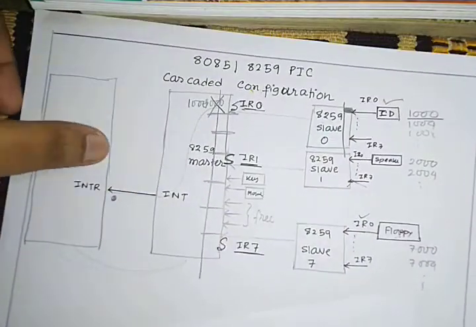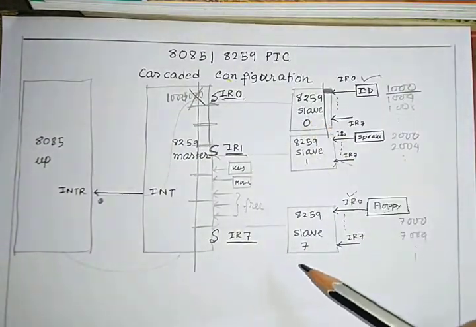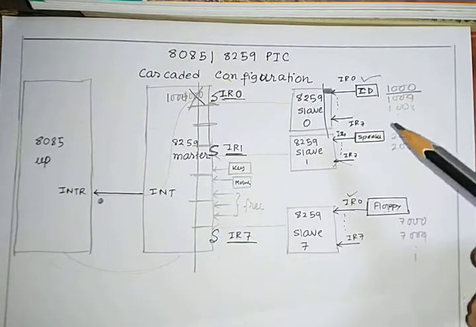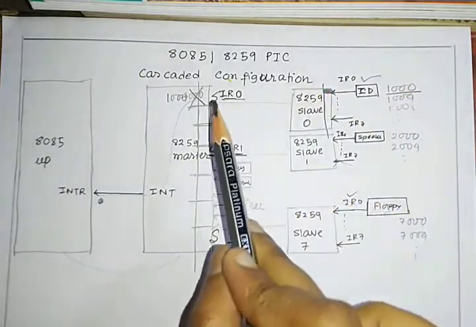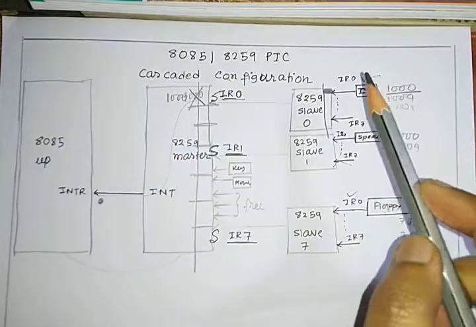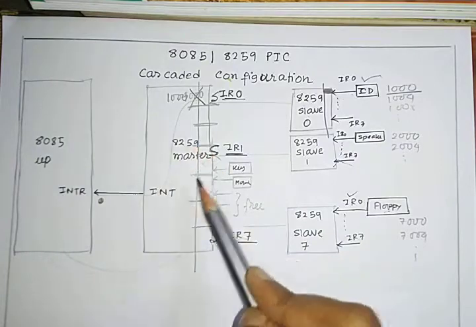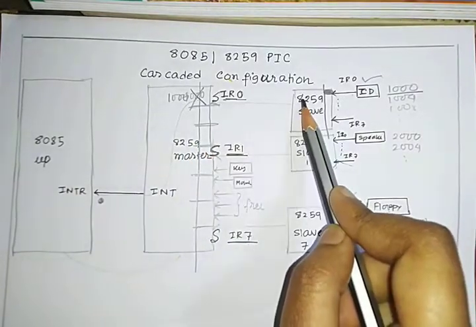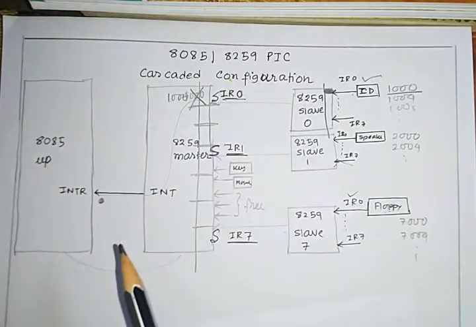Second one is from this one. Now for these two slaves, they have produced their highest priority signal. But which one will get serviced first? You know this, right? This one and not this one. The master knows that it is my first priority, you are my least priority, but the slave doesn't know.